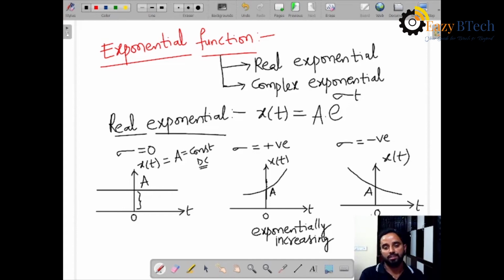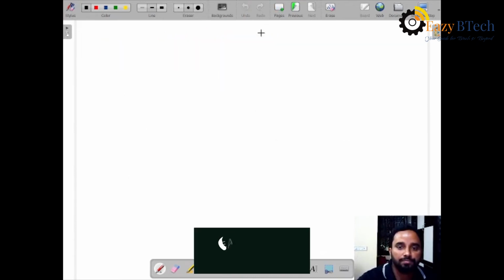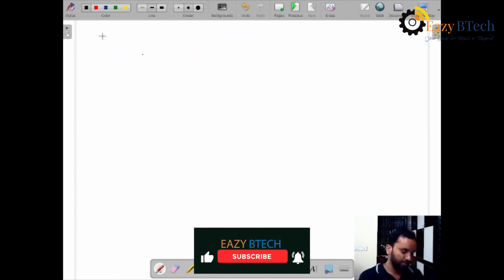So this is about the real exponential function, x of t equal to A into e power sigma t: sigma value 0, positive, negative. The next one is complex exponential.